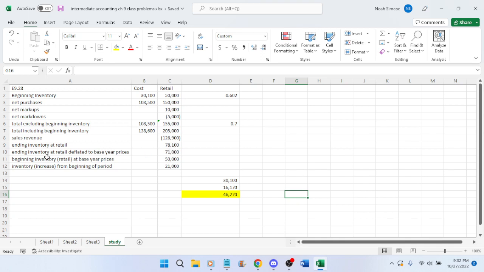Then beginning inventory retail at base year price, you already have that up here. Move it down to here. Inventory increase from beginning period: this minus this equals this. Then you do this times 1.0 times this, this times 1.1 times this. Add them and that's your answer.